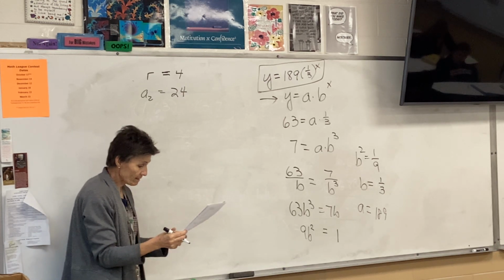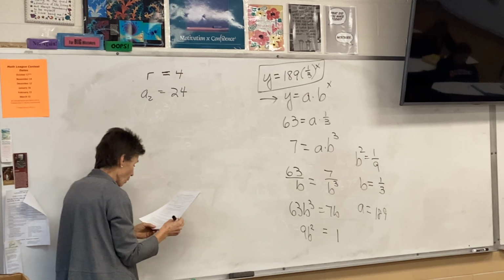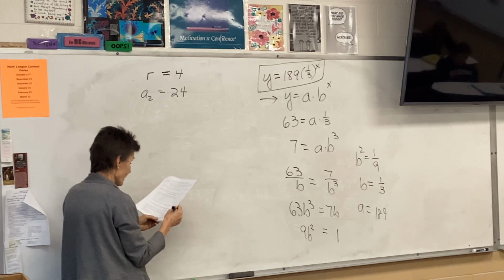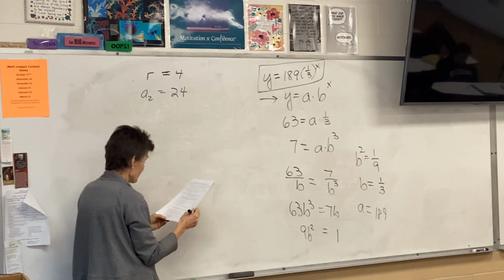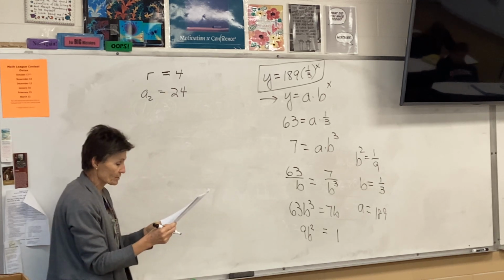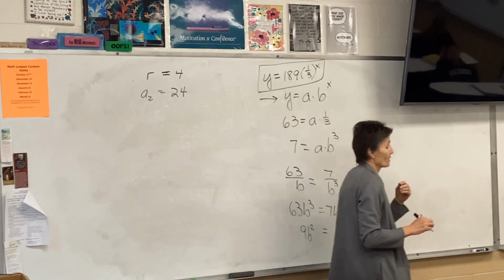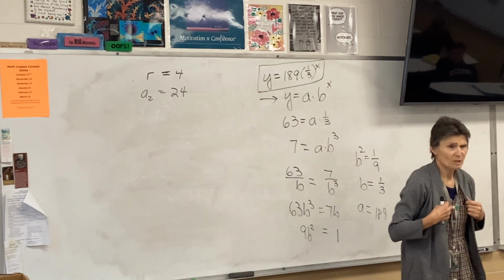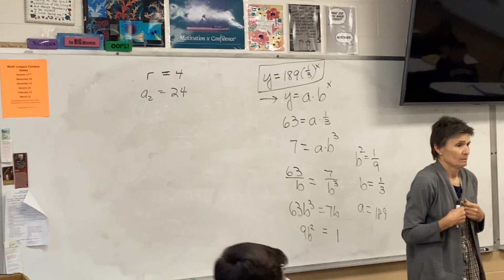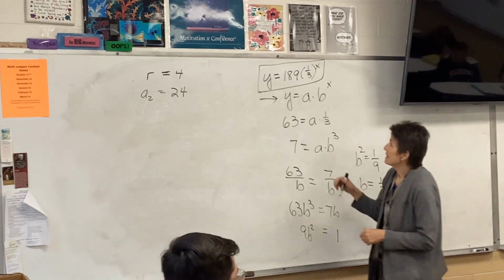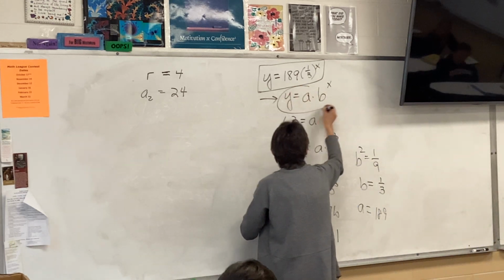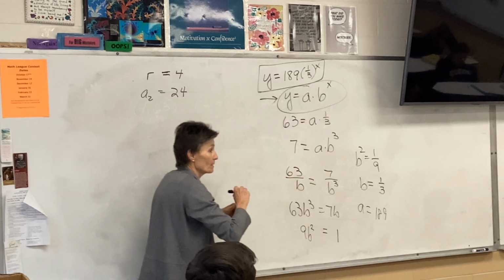Maybe D. D, an exponential function with a y-intercept of 6, a constant proportion of 4, and a domain of all real numbers. Okay, I'm gonna stop right there and say no. Because domain is which letter? X. And this is what an exponential looks like, right?